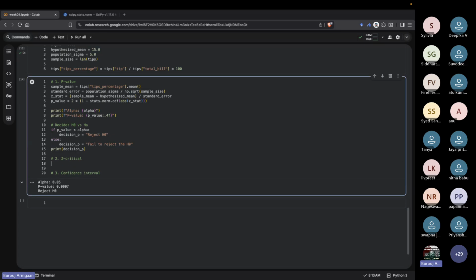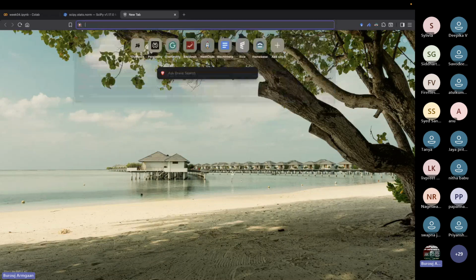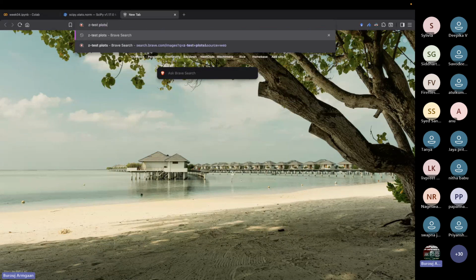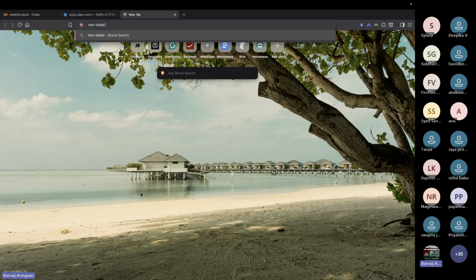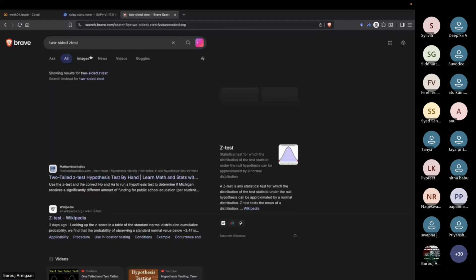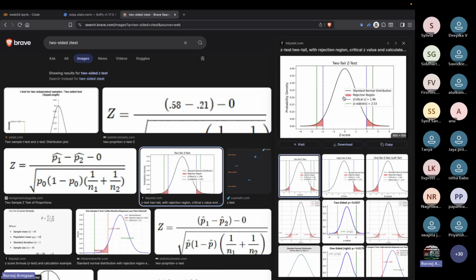Now, if we are to do it using the critical method, what do we need? We need to compute the z critical. If we look at the two-sided z-test again, this time we are looking for something like this.